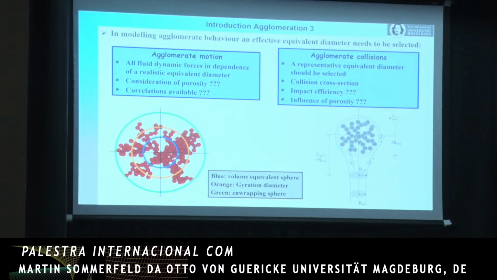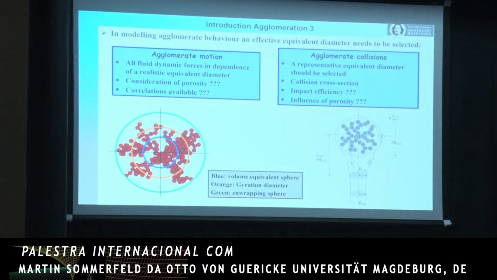Then the other effect is on collision. Now I have a volume, I treat my aggregate as a volume equivalent sphere, then the collision rate with other primary particles is much lower. Only if I account for this enwrapping sphere diameter, your collision rate is much higher than with this spherical particle.